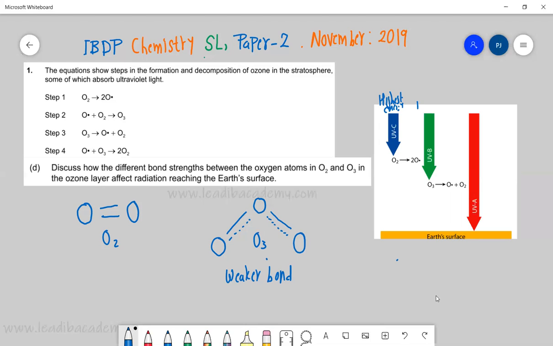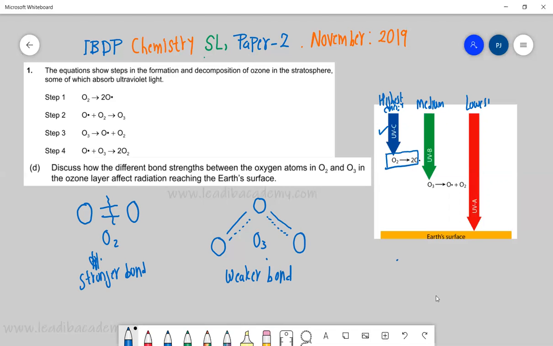This is slightly lower, the medium one, and this is the lowest energy. You can clearly see that oxygen takes care of UVC. It absorbs it because it has a stronger bond, so it needs higher energy to get decomposed. Oxygen absorbs the highest energy radiation of ultraviolet, UVC.